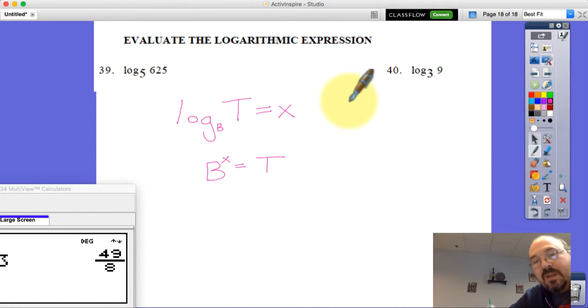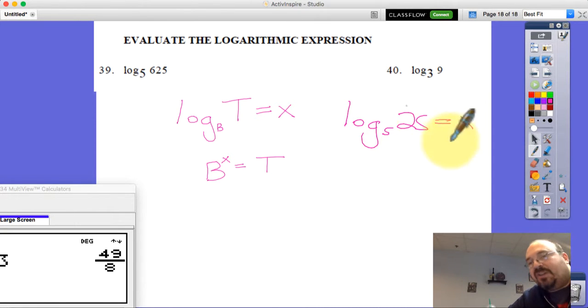Okay? So anytime you see a logarithm like this, you want to rewrite it like this, and you should be able to solve it. So for example, if I have log base 5 of 25, and I want to know what that is, I'm going to say it equals x. To solve this logarithm, I'm going to rewrite it in exponential form. So 5 is my base. The logarithm, which is x, is the number I'm going to raise the base to.